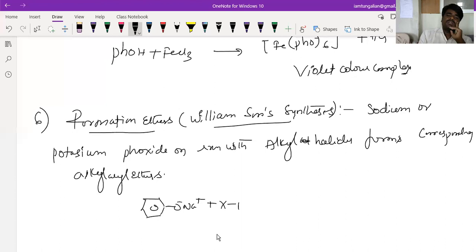This is the identification test for phenols. Next, the formation of alkyl aryl ethers.